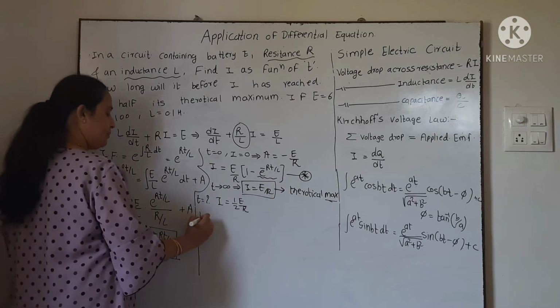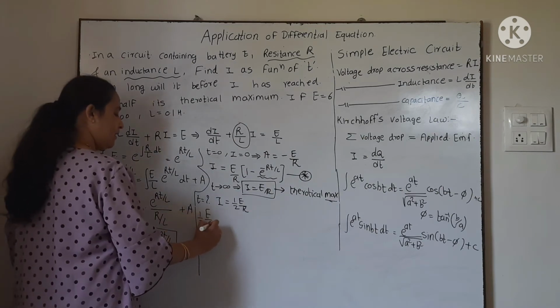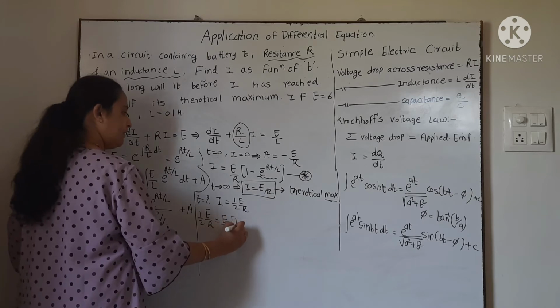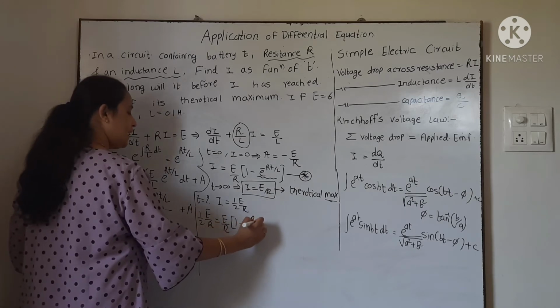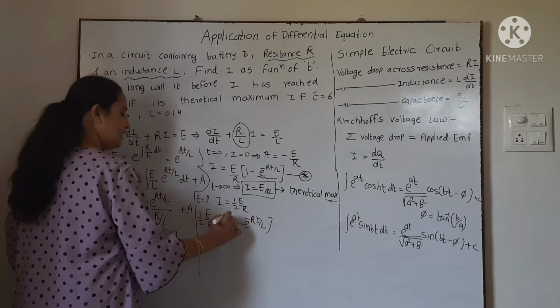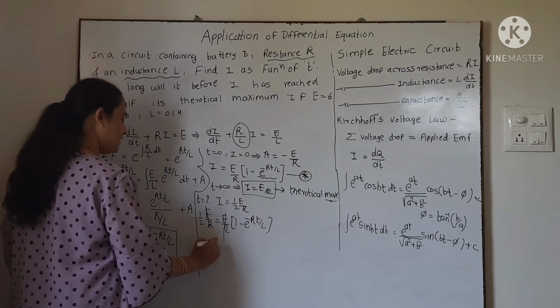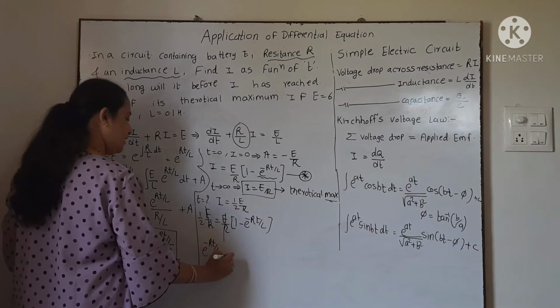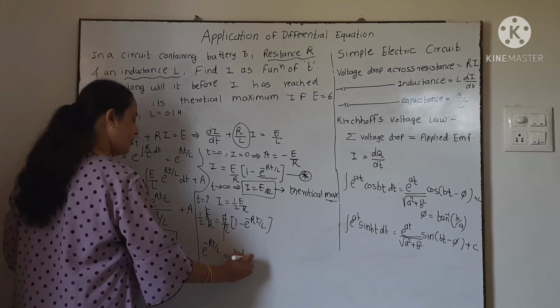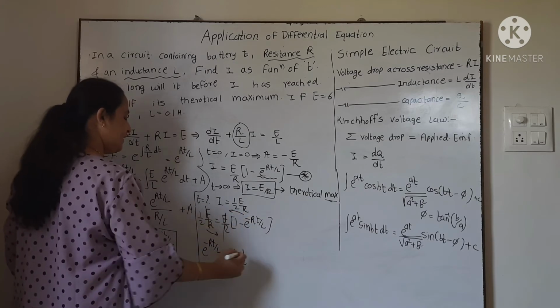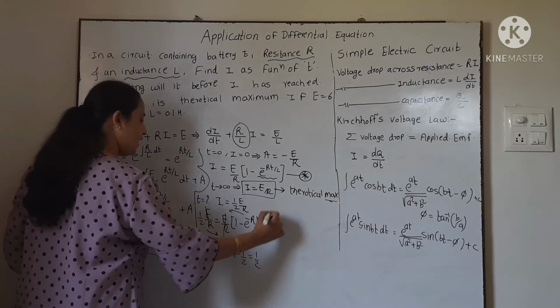You will get 1 by 2 E by R equal to E by R in bracket 1 minus e raised to minus RT by L. This E by R will get cancelled. You will get e raised to minus RT by L equal to 1 minus 1 by 2. Transfer this on the left hand side, half on the right hand side. 1 minus 1 by 2 is half.